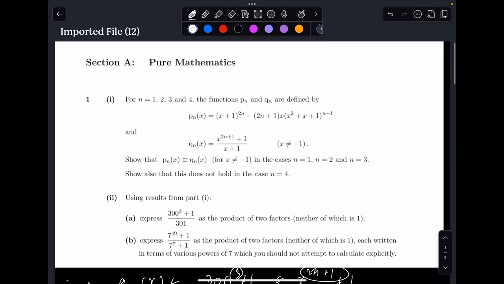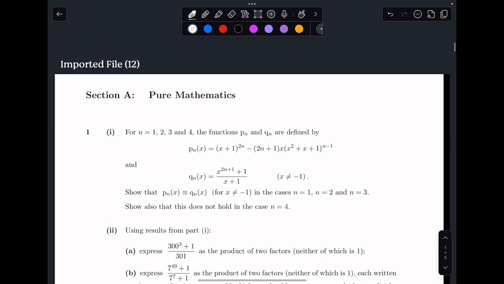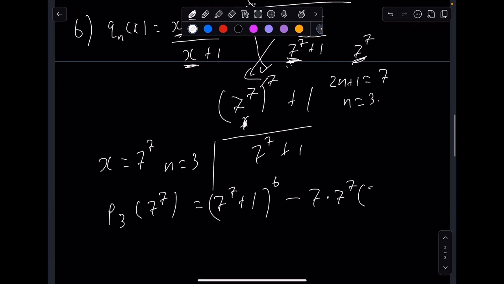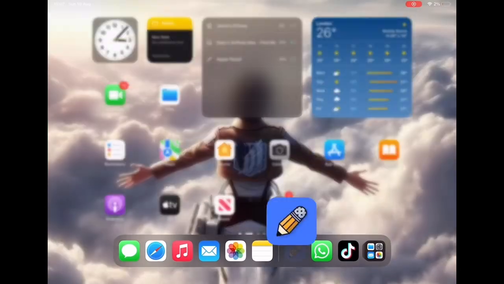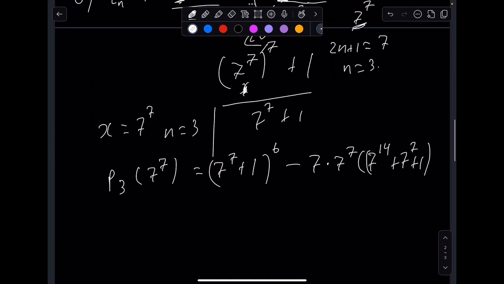And then it's 7 times x, so times 7 to the 7, that whole bracket is x squared plus x plus 1, so it's 7 to the 7 squared, well that's just 7 to the 14, so we can just simplify that, plus 7 to the 7 plus 1, all to the power of n minus 1, and our n is 3, so it's squared, right?